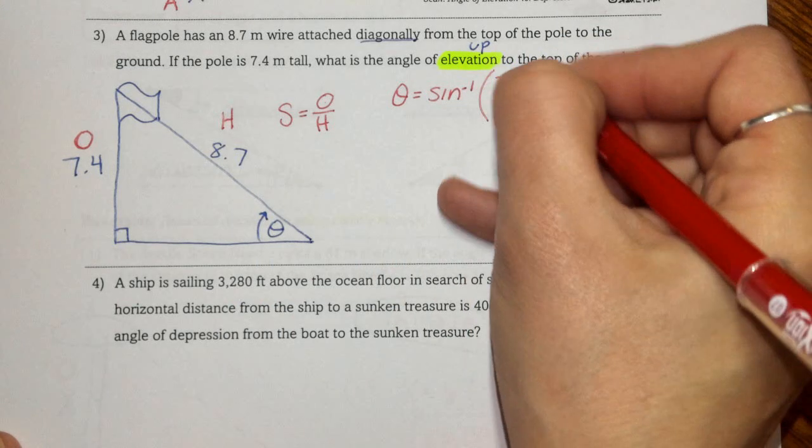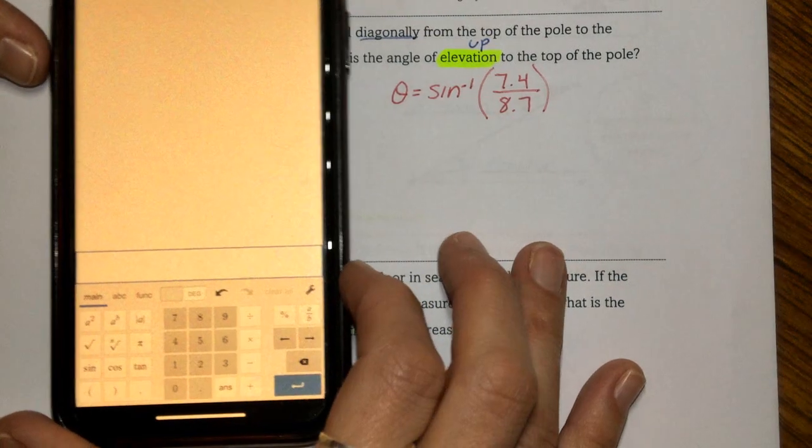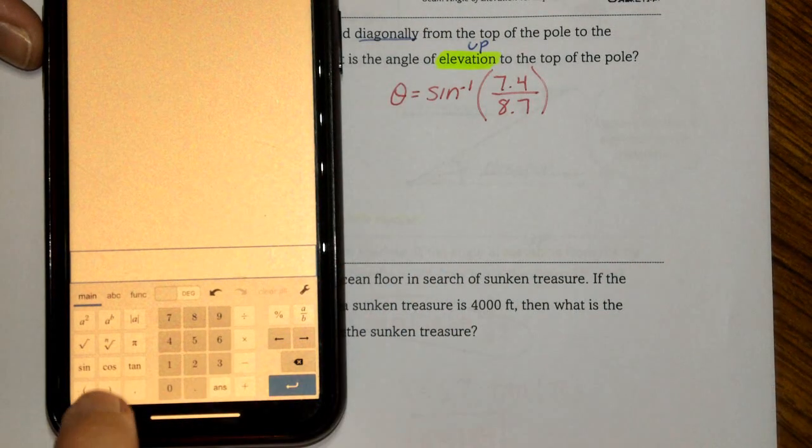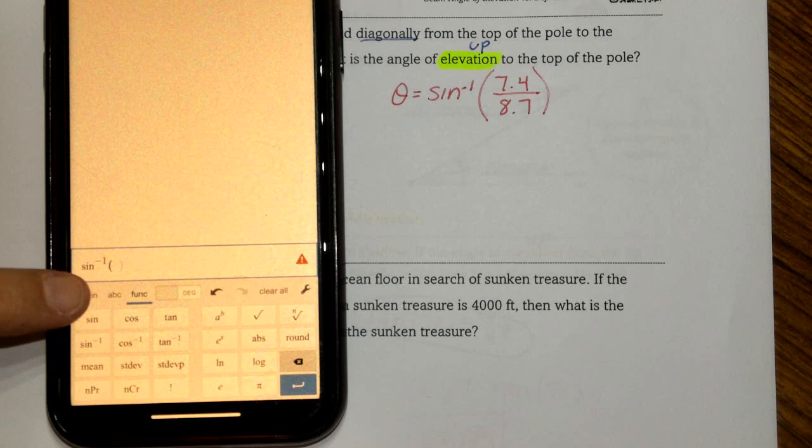8.7. So we go back to that calculator, and we're going to type in first the inverse sine. So we go to the function, inverse sine, second row, all the way to the left. Go back to main.